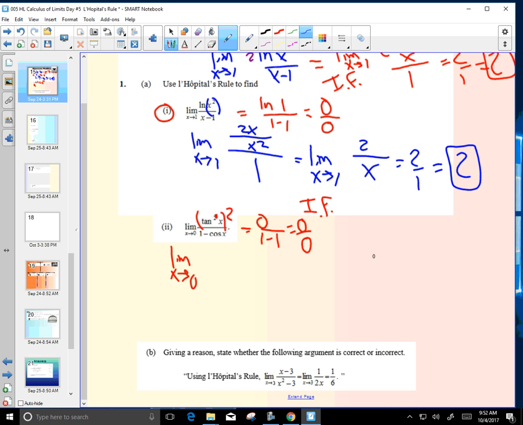Let's do, what's the derivative of x squared? 2x to the first, which, center of the Tootsie Pop, stays the same, times, what's the derivative of tangent? Very good. Secant squared x. All over 1 minus the derivative of cosine, which is negative sine of x.